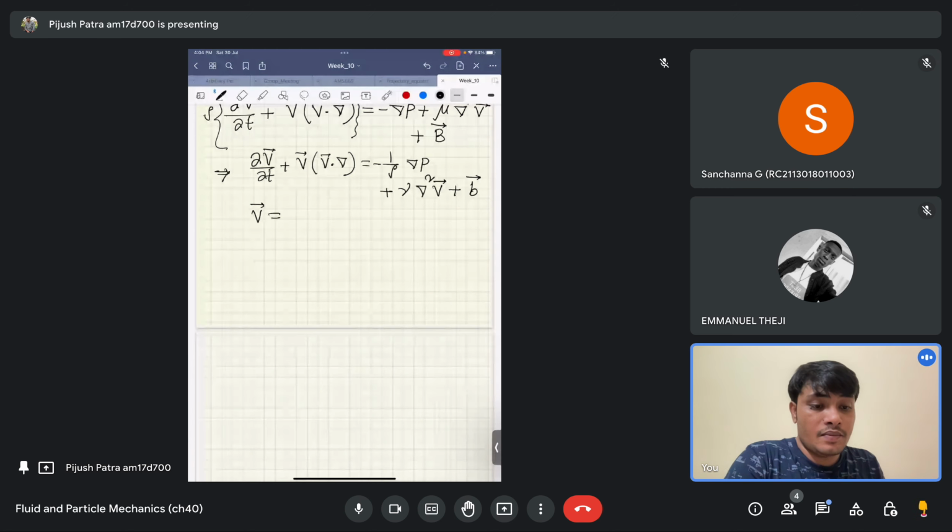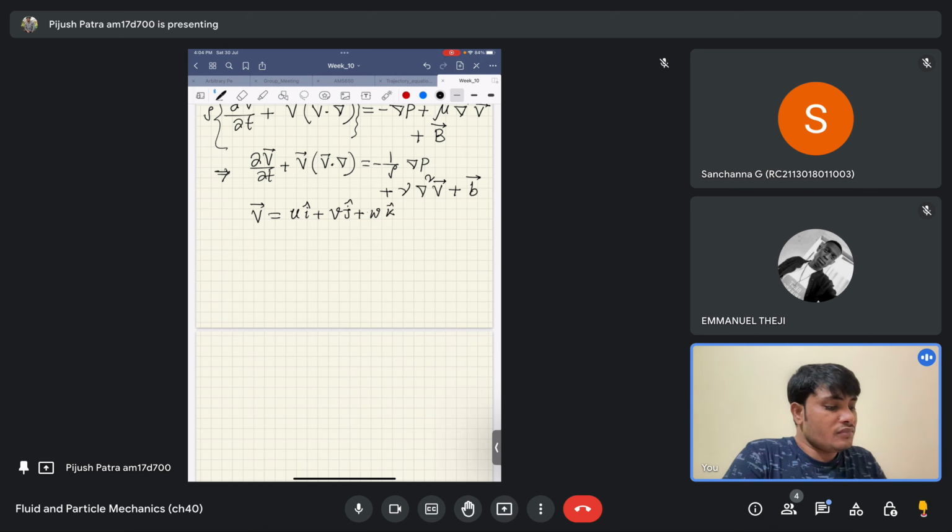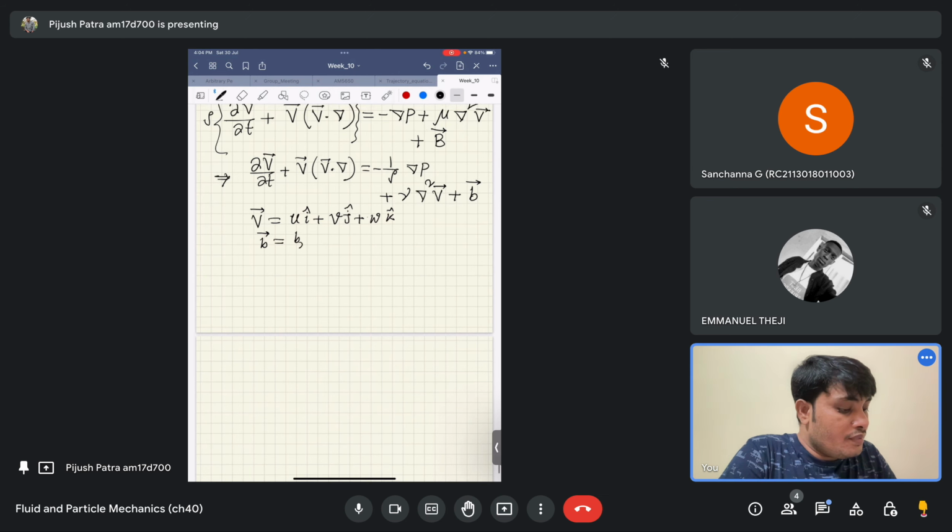So this V is equal to u i cap plus v j cap plus w k cap. This P is a scalar, and this body force term B has Bx i cap plus By j cap plus Bz k cap.